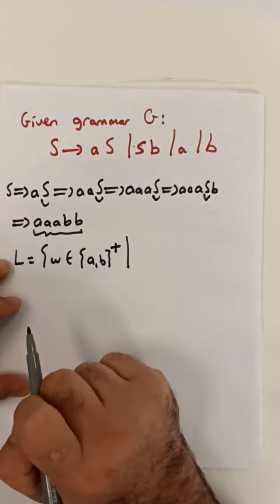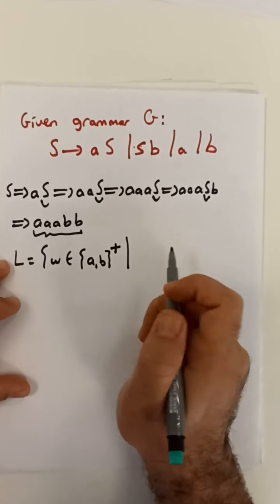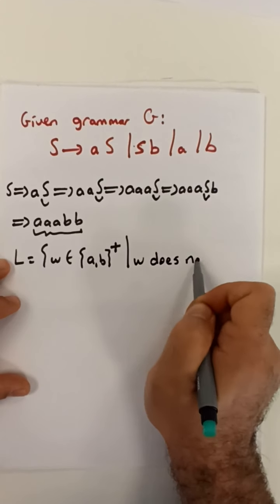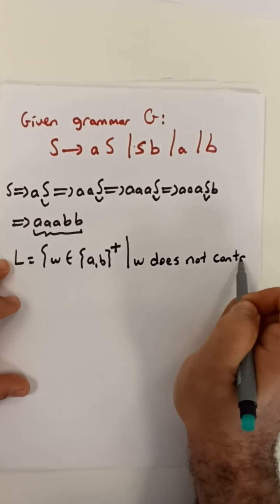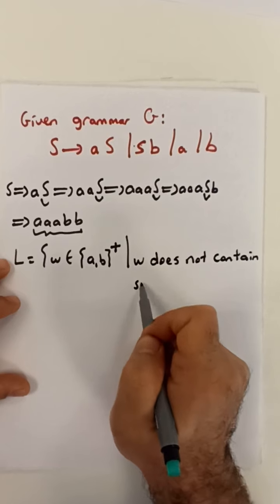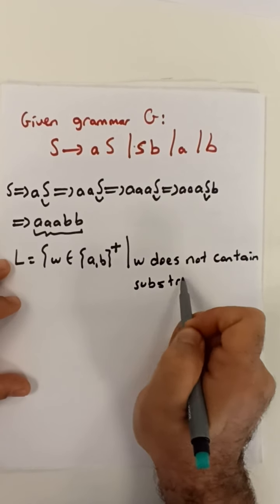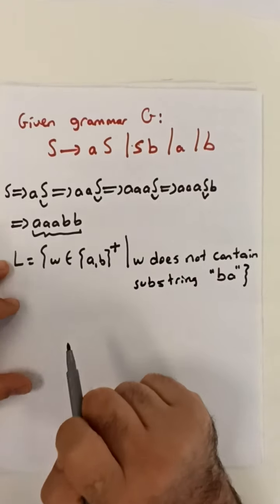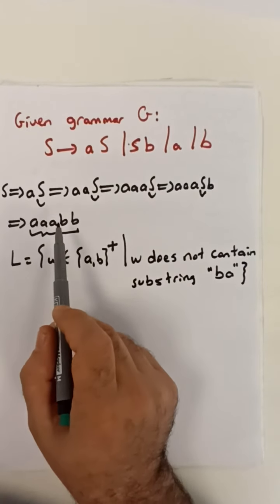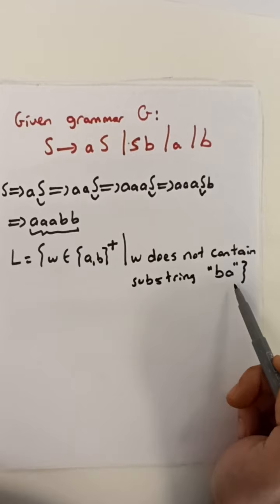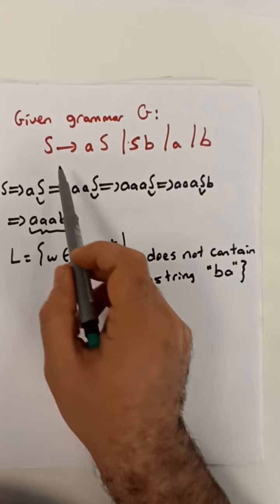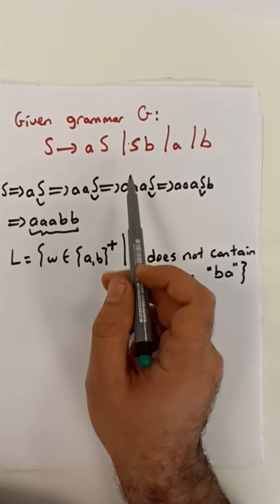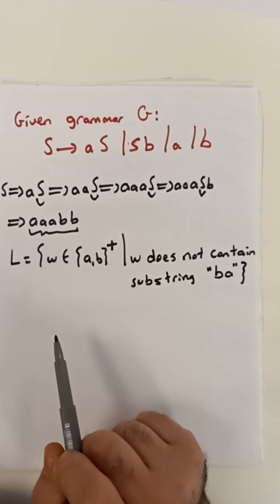That's why we say plus, such that W does not contain the substring BA. If you do enough derivations, you should be able to see that with this grammar, it's not possible to have an A occurring after B.